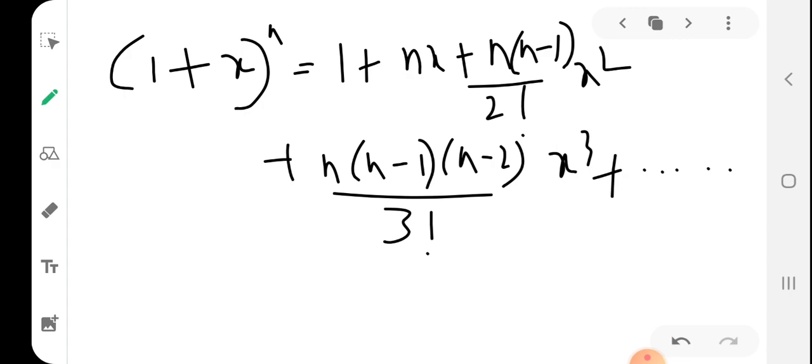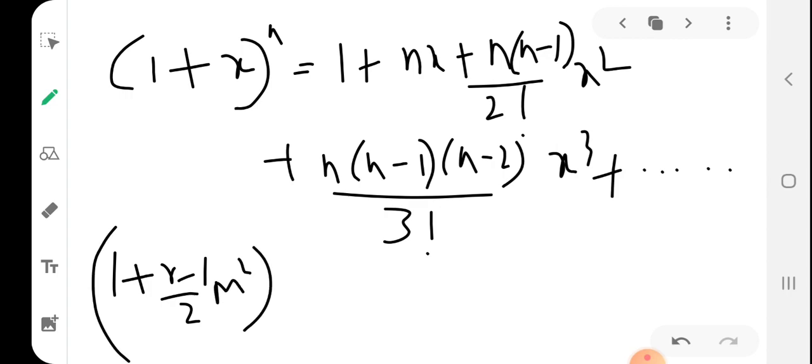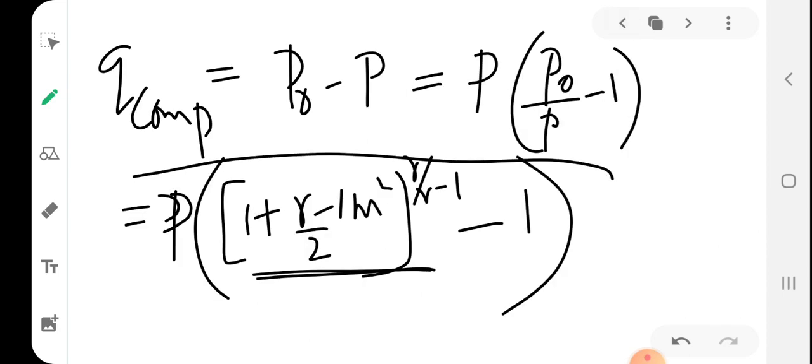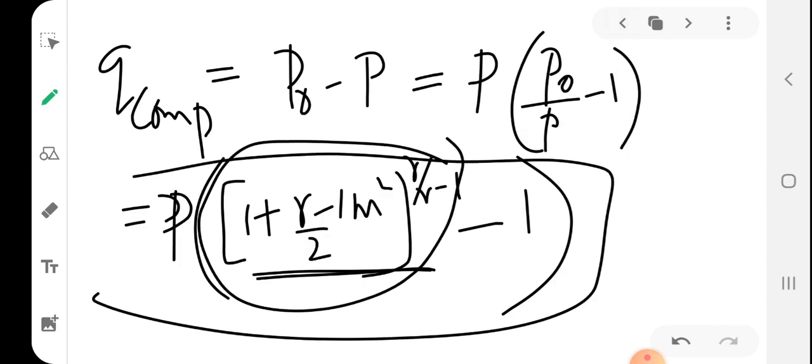So I am applying the same thing here. In 1 plus gamma minus 1 by 2 Mach square raised to gamma by gamma minus 1, I am taking x as gamma minus 1 by 2 Mach square and n as gamma by gamma minus 1. So similarly I am expanding this series.